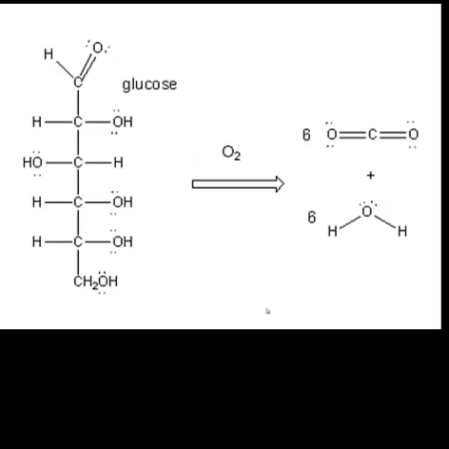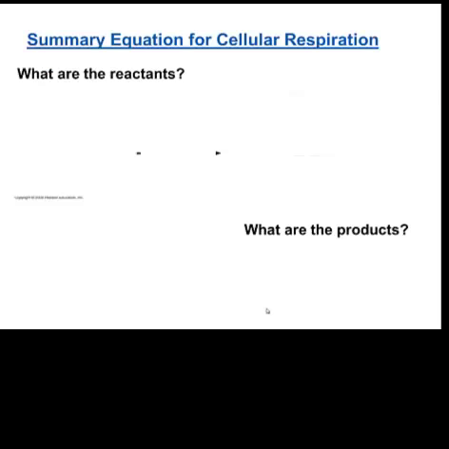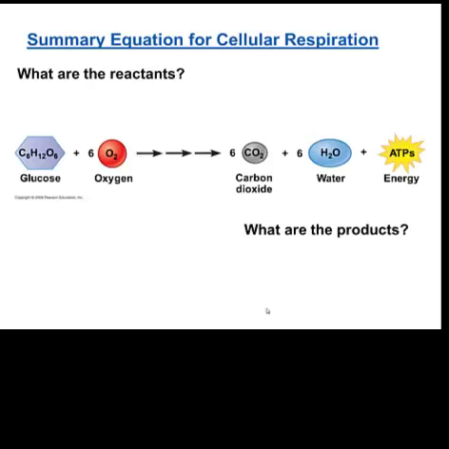Here's our glucose molecule, and each of those carbons in the presence of oxygen will become carbon dioxide. So here's our summary equation again. What are the reactants? Glucose and oxygen. And through a series of chemical reactions, we'll end up with carbon dioxide, water, and lots of ATP energy.